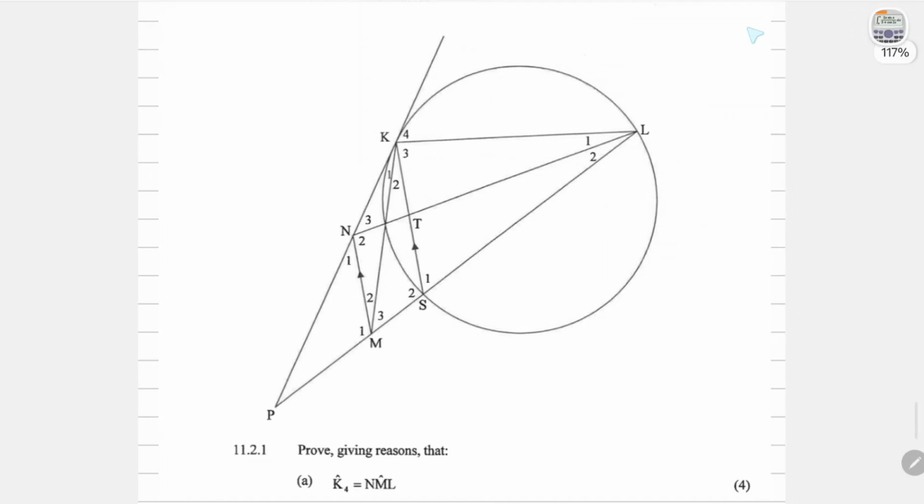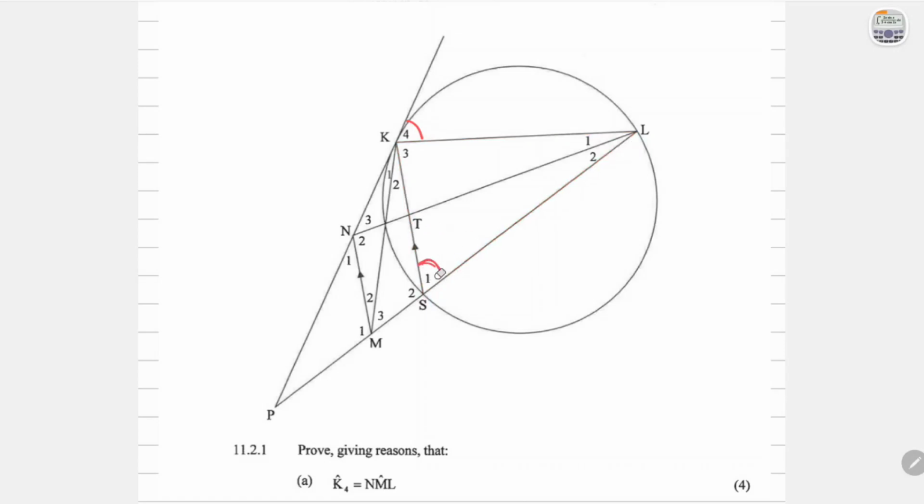Okay, so let's look at the diagram. Angle K4 is here. So it's the angle between the tangent and this chord KL. So it's going to be equal to the angle at the circumference in this circle supported by this same chord KL, which we can see is this angle S1.